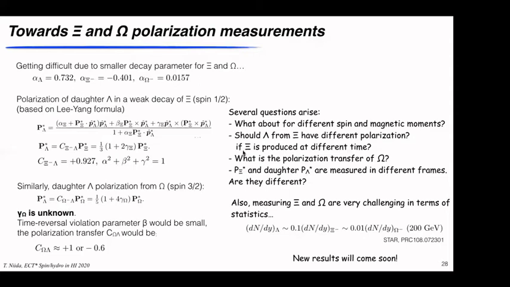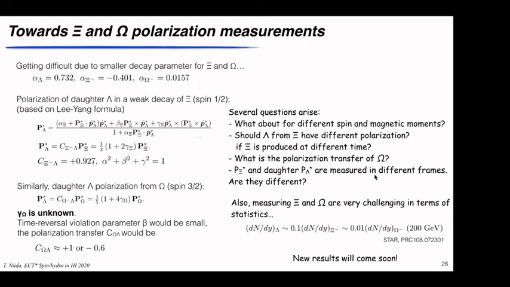Also, I just want to mention that measuring Xi and Omega is very challenging in terms of statistics. Compared to the number of lambdas, for Xi it's roughly 10%, and for Omega it's almost 1% at 200 GeV.